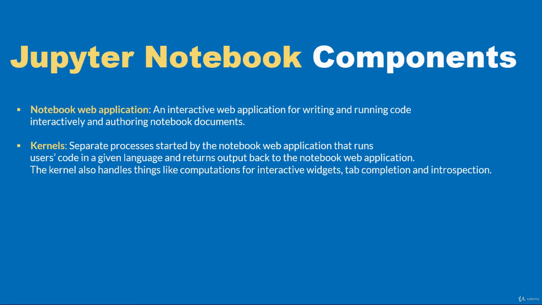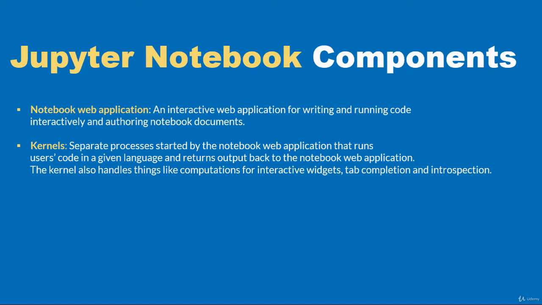And what it does is return the output from the code back to the Notebook web application. The kernel basically handles things like computations for interactive widgets, tab completion, introspection, and other bits and pieces. So the kernel basically interacts with the Notebook web application.